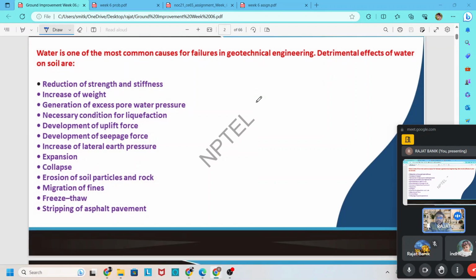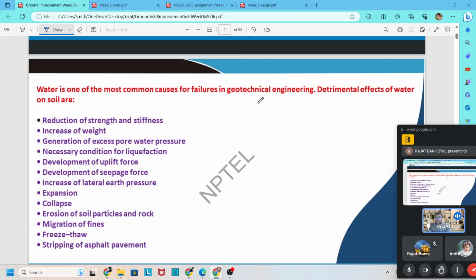Here it is said that water is the most common cause of failure in geotechnical engineering, and there are different detrimental effects of water on the soil. One is reduction of strength and stiffness.